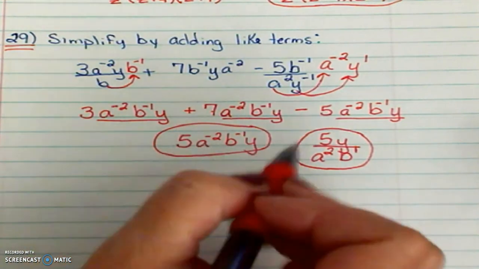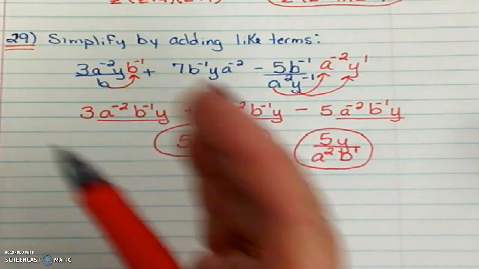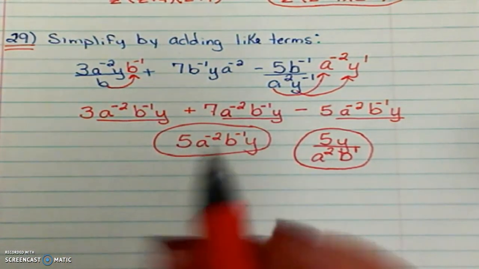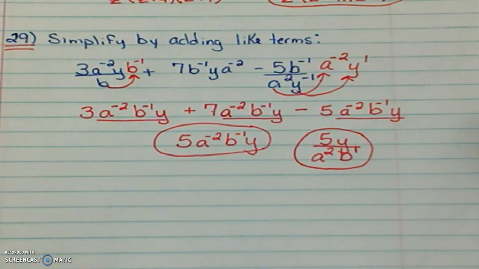Like I said, for this particular one, all three terms happen to be like terms, so it kind of failed on what my purpose of showing you this was. But make sure you understand the difference between problems number 20 and 21, which just say simplify, versus problem number 29, which asks you to simplify by adding like terms.